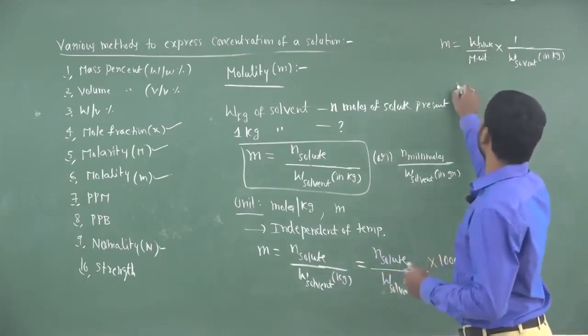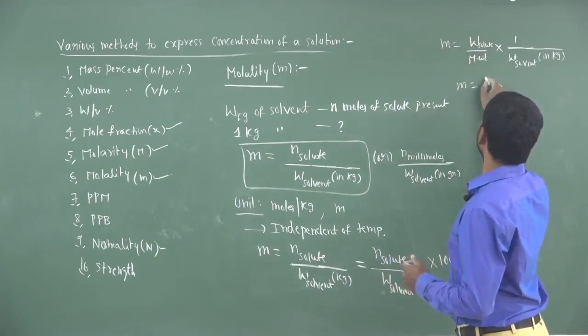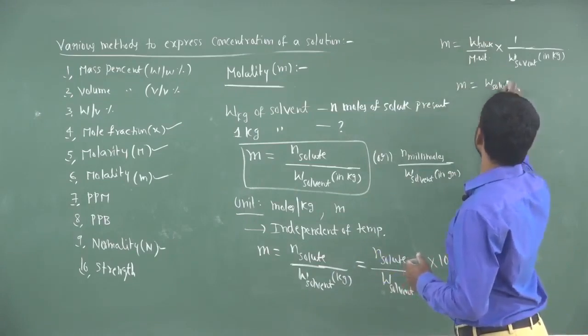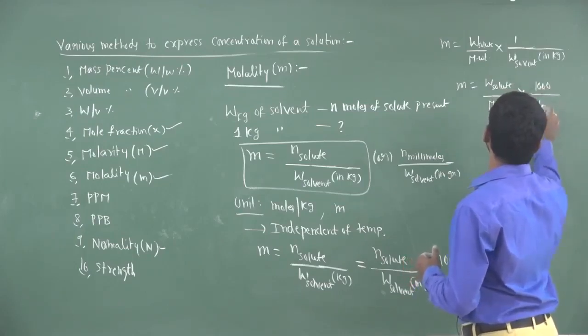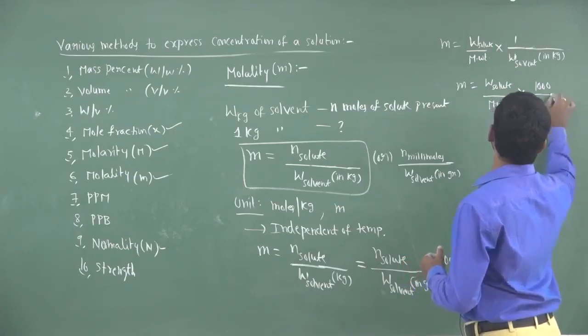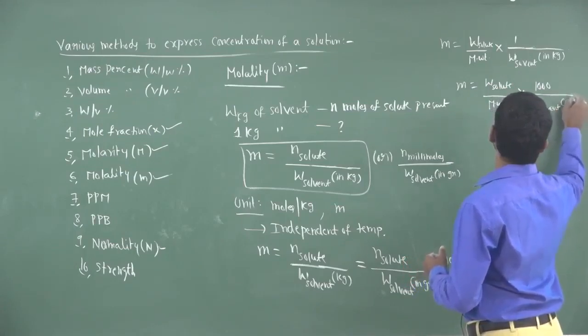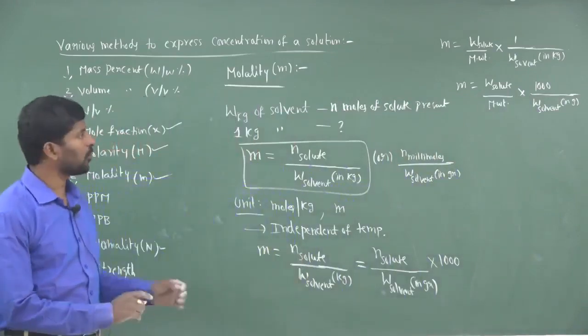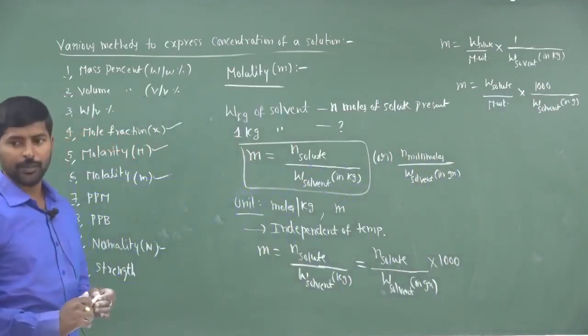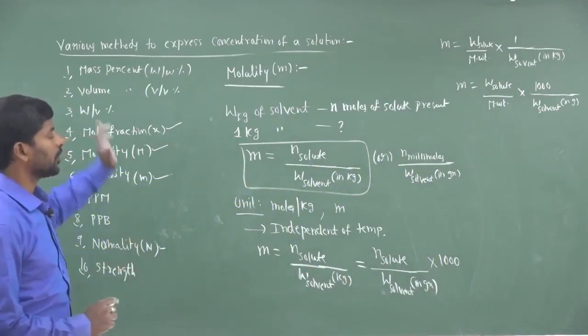And now molality is equal to weight of solute by molecular weight of solute into 1000 by weight of solvent in grams. We are just writing number of moles as weight by molecular weight.